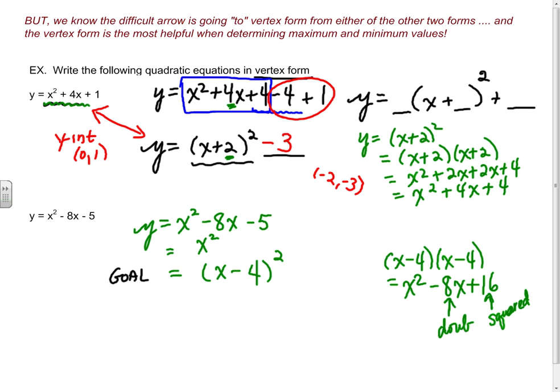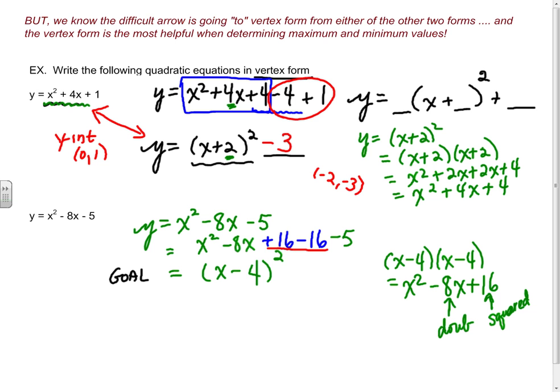So if I go back to the second line and rewrite this a little differently, x squared minus 8x, I'm going to introduce a 16 and subtract a 16 at the same time, take away 5. My line 1 and my line 2 are equal. I have added 16 and subtracted 16 at the same time, which doesn't change its value.